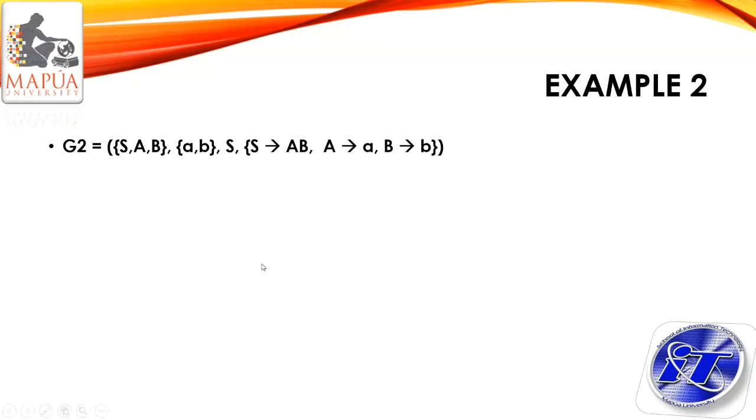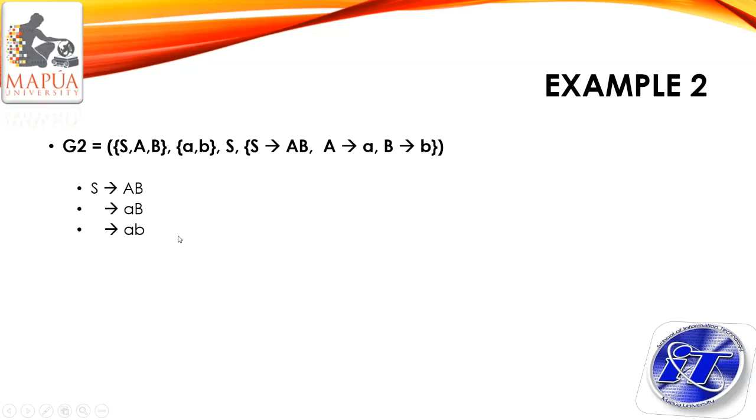Let's start with capital S. Capital S yields capital A B, and based on the second rule, capital A could be replaced by small a, so we apply it now. Then capital B could be replaced by b. Therefore, our string will be small a b.